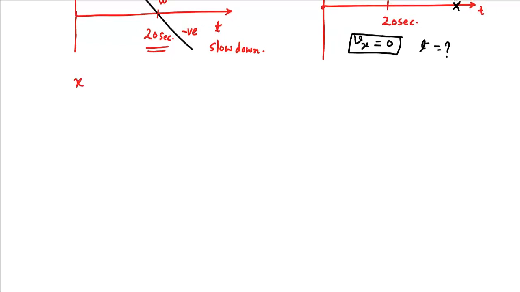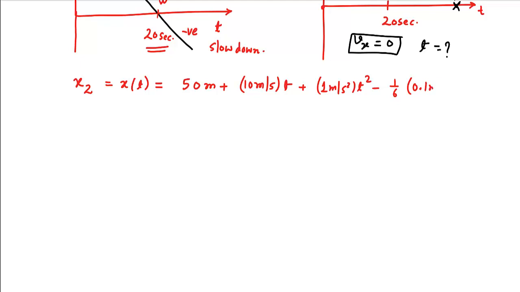If you remember, we have position as a function of time, x of t, and the expression for this is 50 meter plus 10 meter per second into t plus 1 meter per second square times t square minus 1 by 6, 0.1 meter per second cube t cube. So this is a cubic equation.